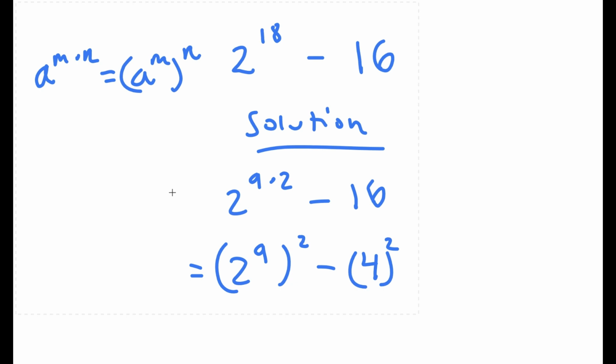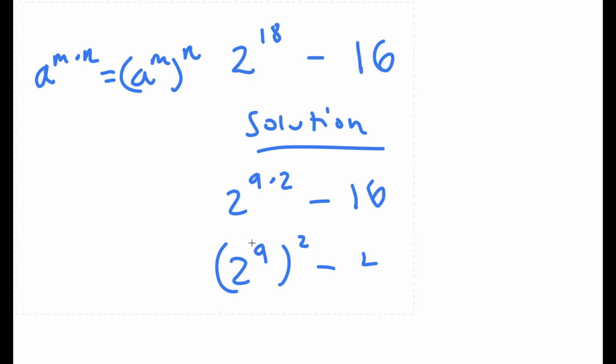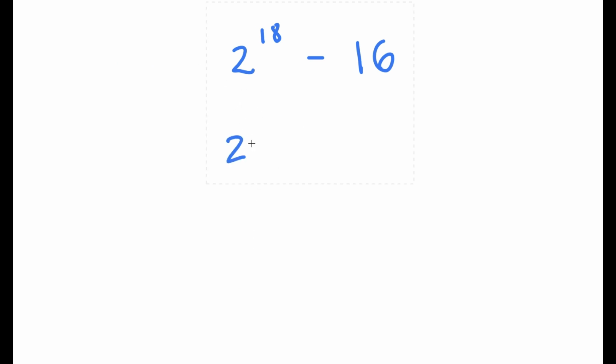Now, if I have something in the form a squared minus b squared, this is equal to a plus b times a minus b. So let me just clear this up real quick. I have 2 to the power of 9 to the power of 2 minus 4 to the power of 2.